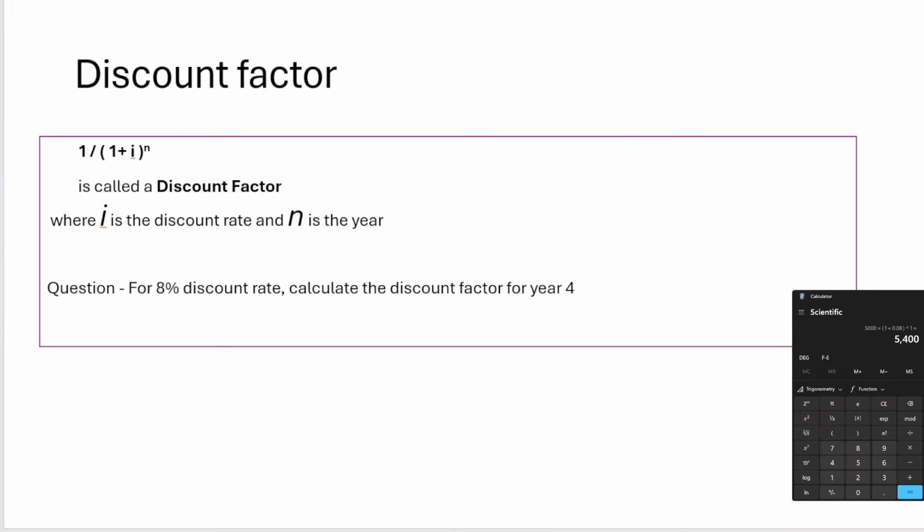Now let's see how to calculate the discount factor. For example, this is a formula here, where I is the discount rate and n is the number of years. It's very simple. We do 1 divided by 1 plus I to the power of n. How do you do it? 1 divided by 1 plus 0.08 to the power of n, which is 4.